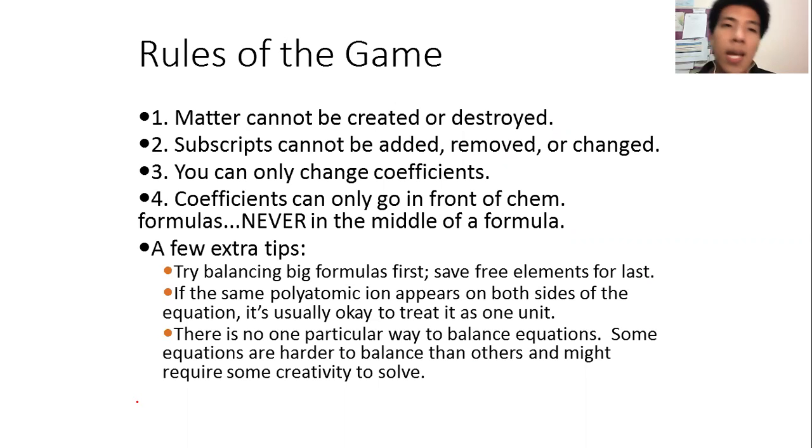The rule of the game is matter cannot be created nor destroyed. That's why you have to be very careful that it should be balanced both for the types of elements and for the numbers of atoms. Subscripts cannot be added, removed, or changed. You have to completely disregard that.